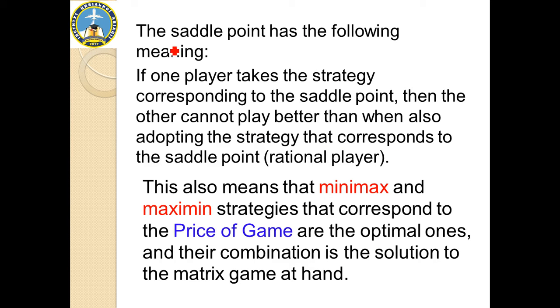The saddle point has the following meaning. If one player takes the strategy corresponding to the saddle point, then the other cannot play better than when also adopting the strategy that corresponds to the saddle point. And we assume that every player is a rational player. So he behaves rationally.